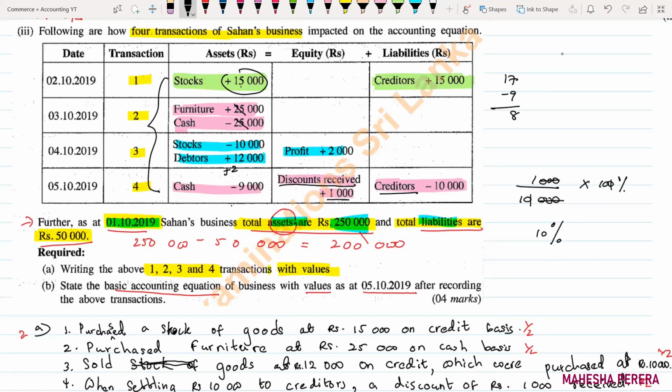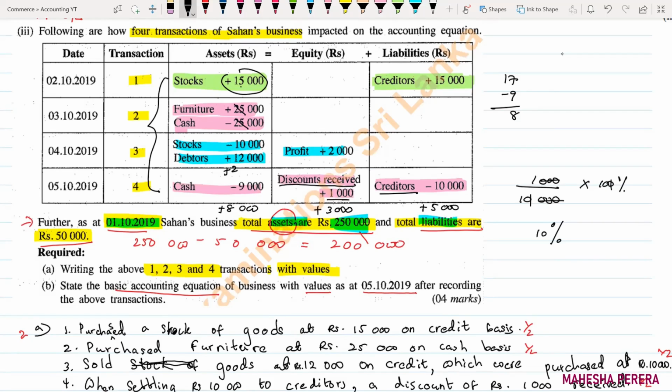So your net value of assets is 8,000 and it's a plus figure, right? Positive figure. And what about equity? Plus 2 plus 1 plus 3,000, right? Liabilities plus 15 minus 10 means plus 5,000, right?